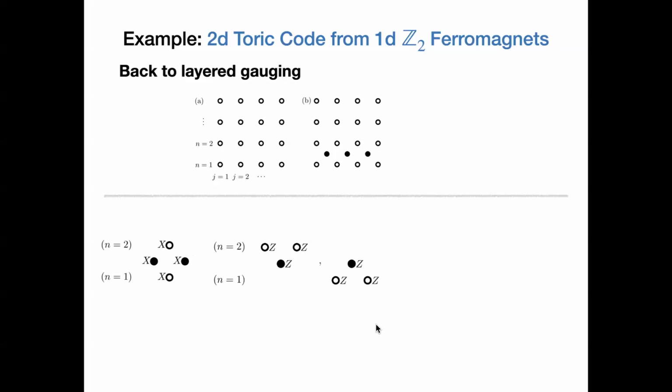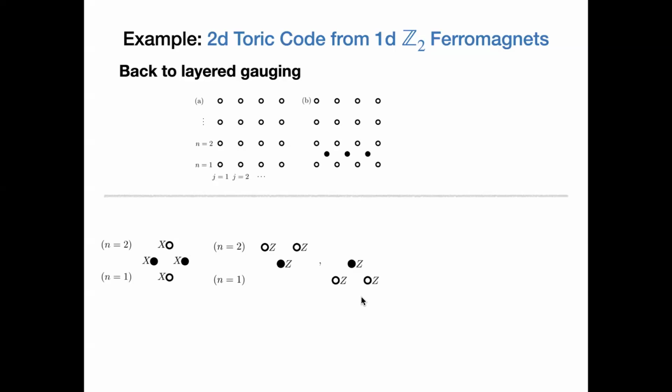Next, we need to proceed to the second and third layers and gauge the bilayer Z2 symmetry acting on these two layers. Again, we will impose a local symmetry like this, just shifting the layer index by 1. And then again, we need to modify the Hamiltonian terms.